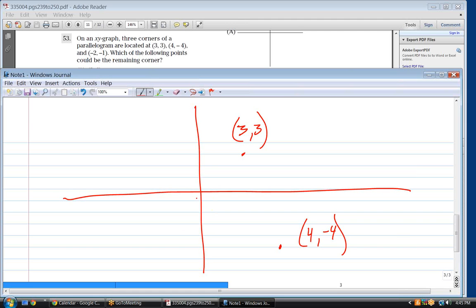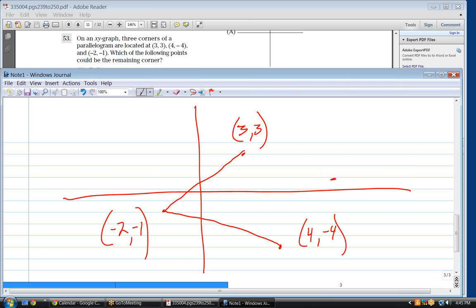Minus 2 comma minus 1. That's right there. Yeah, I don't actually know at all how to kind of solve these. I'm trying to figure it out. That's what we have. Clearly, our other point has to be somewhere like there, right?